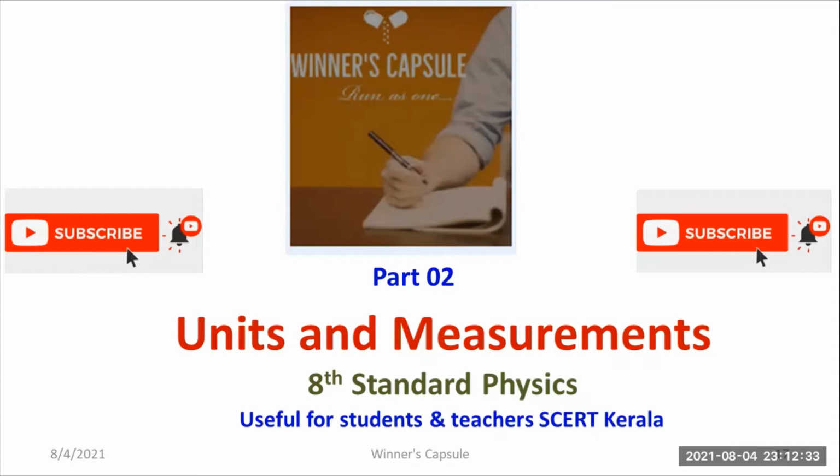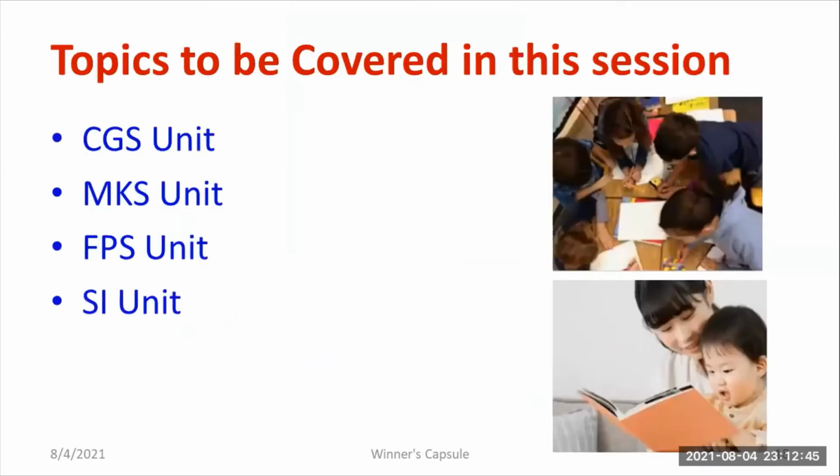In the previous session, I discussed fundamental units, derived units, systems of units, and the importance of units and measurements. In this video, I'll be discussing the different types of units such as CGS unit, MKS unit, FPS unit, and SI unit.